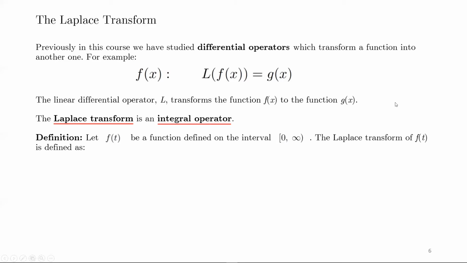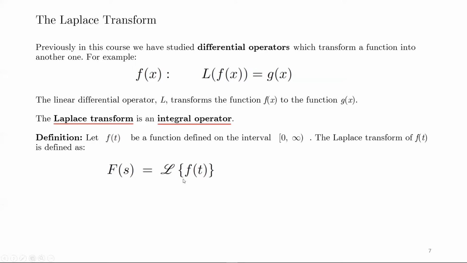So our function is f of t, the variable here is t. Okay, we write the Laplace transform of this function f of t using this stylized L here. So this L stands for take the Laplace transform of the thing inside the curly bracket. So in this case we're saying take the Laplace transform of our function f of t.